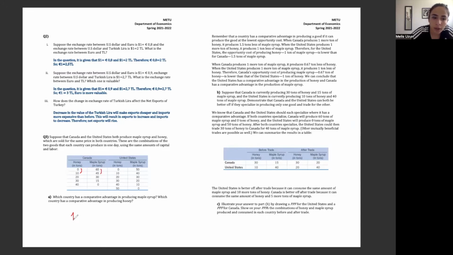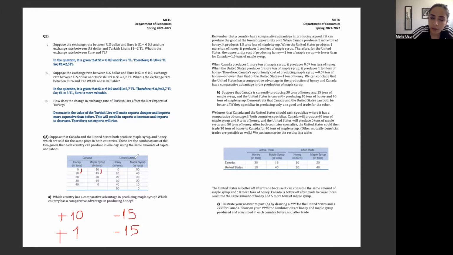So for 10 more units of honey, it gave up 15 units of maple syrup. So if Canada wants to produce 1 more unit of honey, it needs to give up 1.5 units of maple syrup.